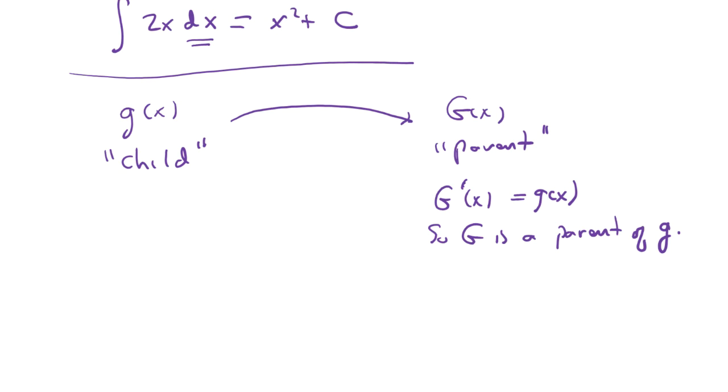The use of the capital letter G to represent a parent of the small letter function g leads us to the definition of antiderivative.